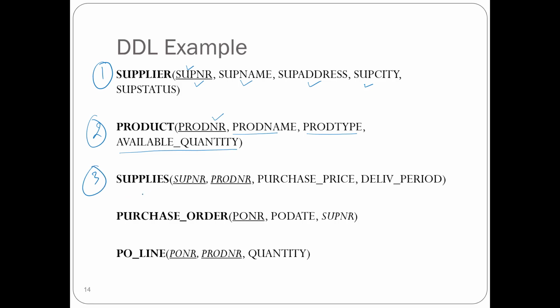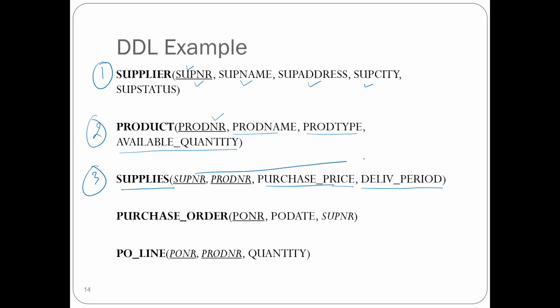The third relation that you're looking at is for the supplies relationship type, right? And here, purchase price and delivery period you can directly take from the ER diagram, but we will have to add two foreign keys.